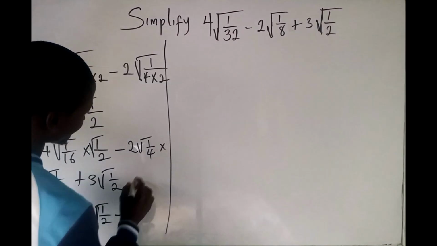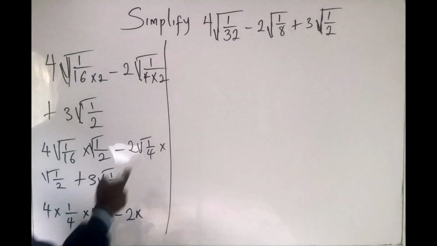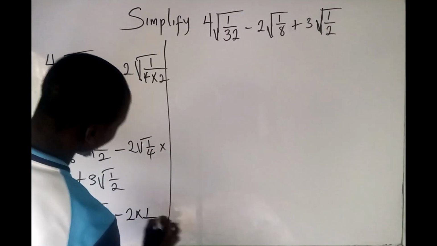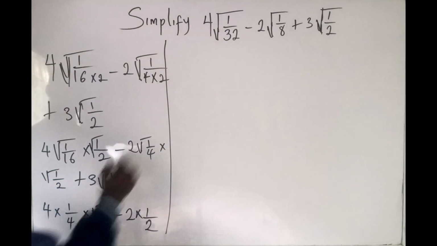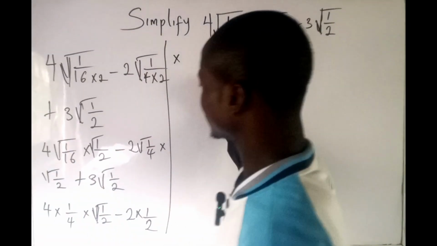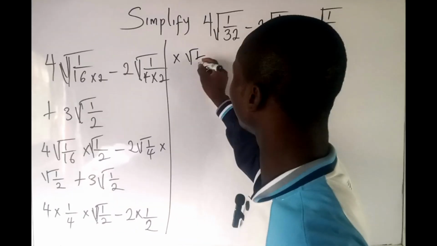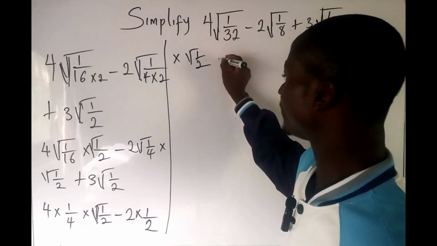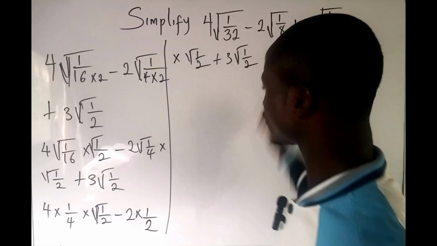So minus 2, there's a times there, you bring it out, times square root of 1 is 1 over square root of 4 is 2. Then we have times root of 1 over 2. Then plus 3 root 1 over 2.